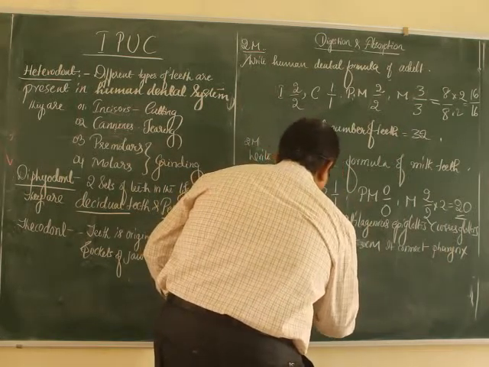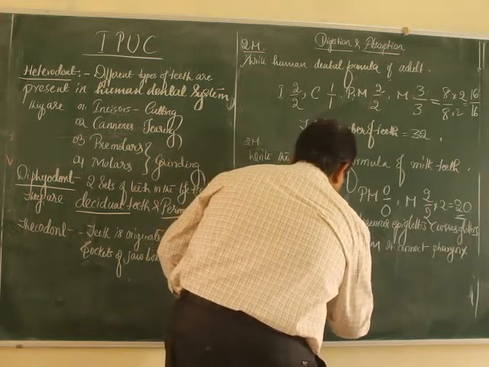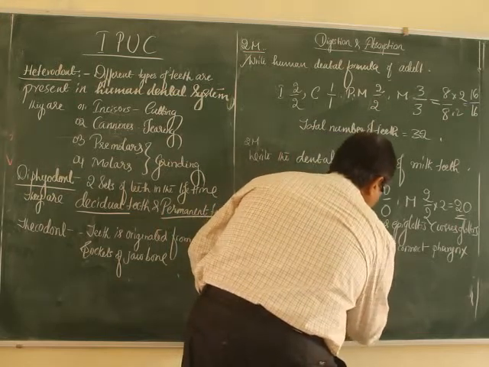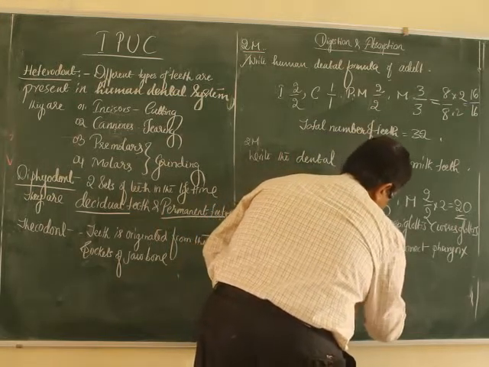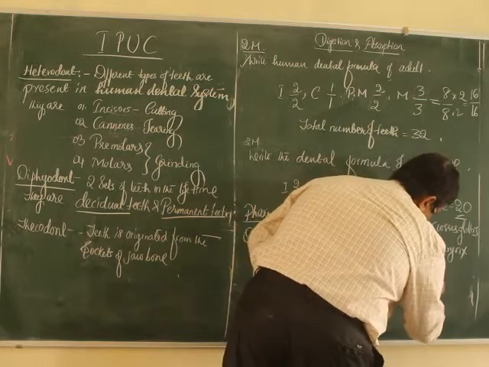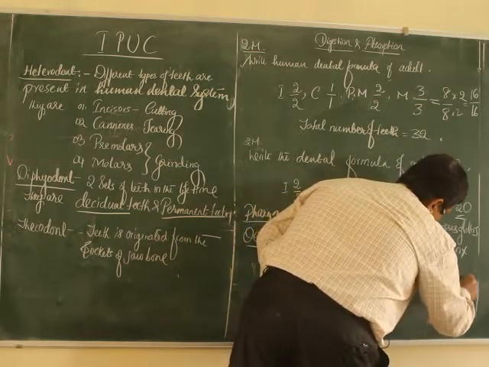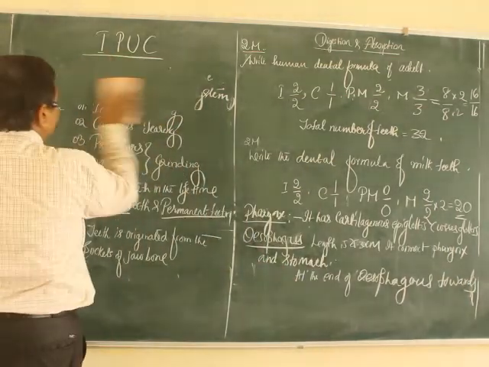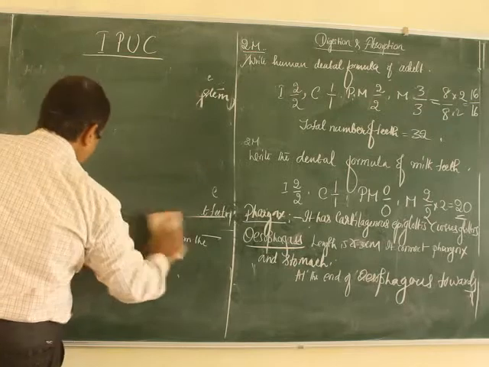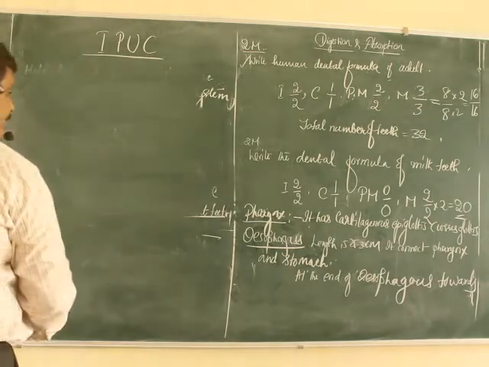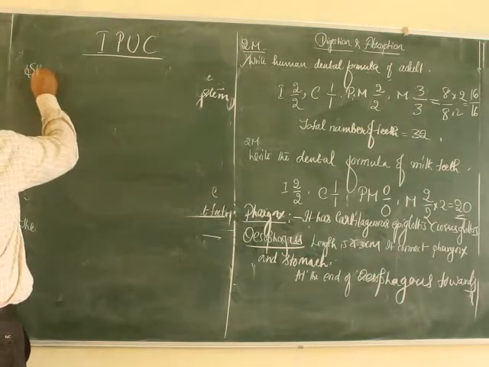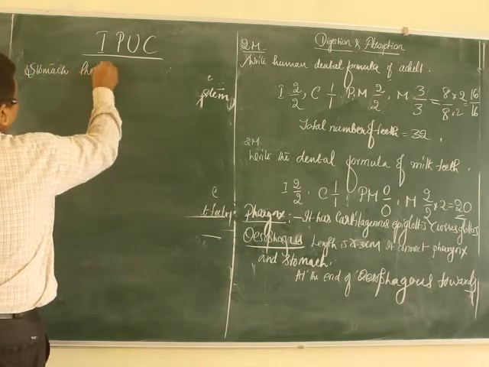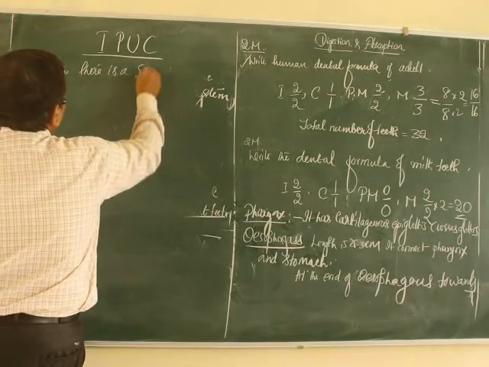At the end of the esophagus, towards the stomach, there is a sphincter.